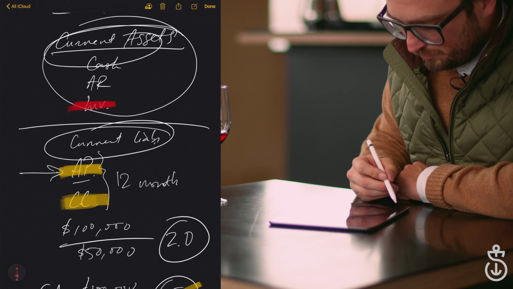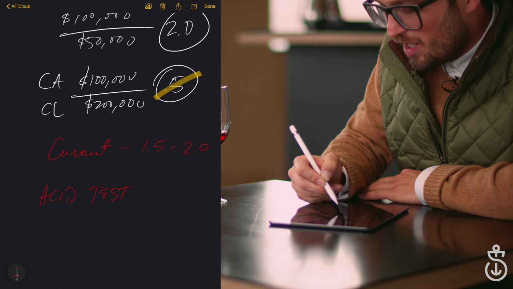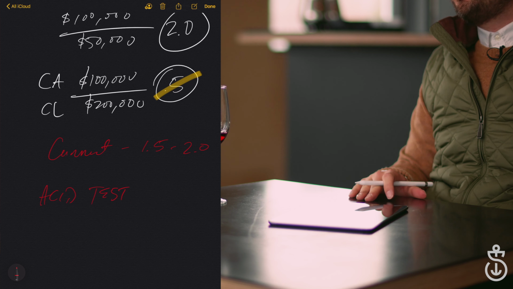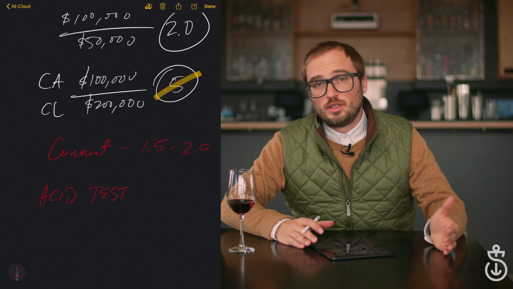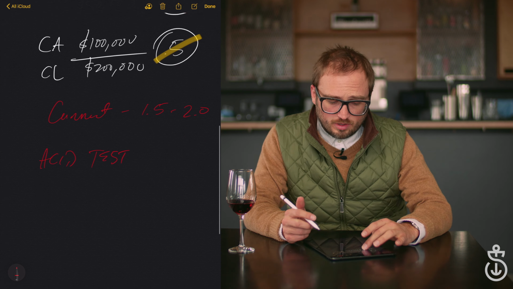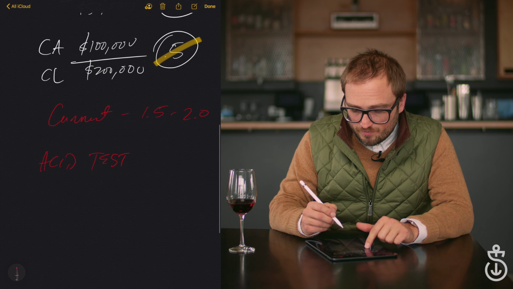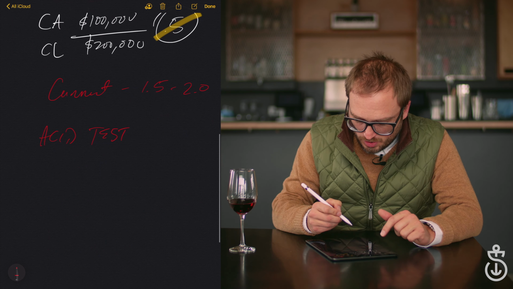We want an acid test to take out inventory because we hope that you can sell through your inventory in the next 30 days, but maybe your practices aren't good enough to where you're turning your inventory 12 times a year. So this shows you the range of current ratio and acid test; you kind of want to be somewhere in between.